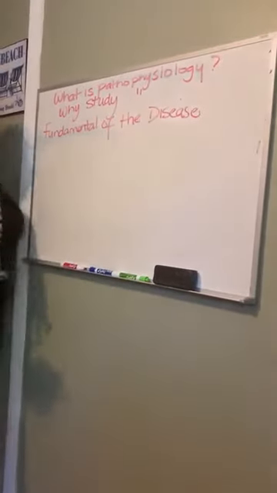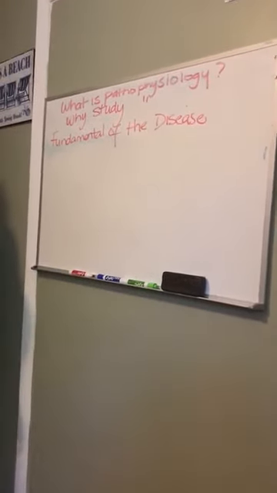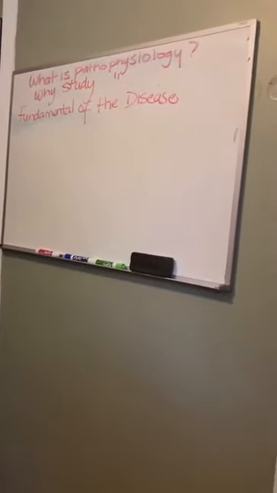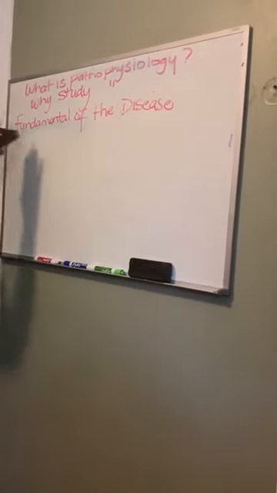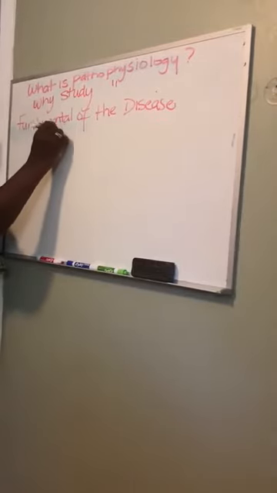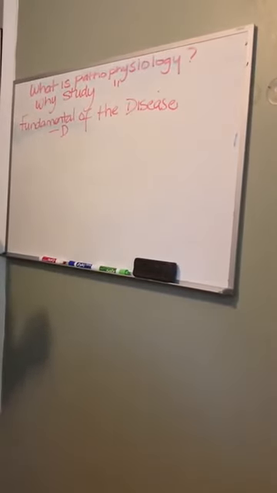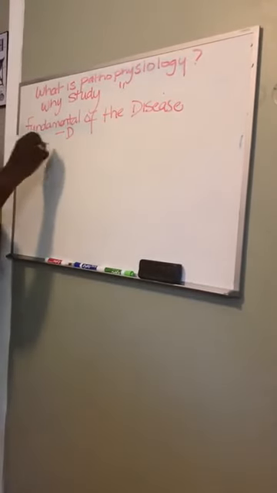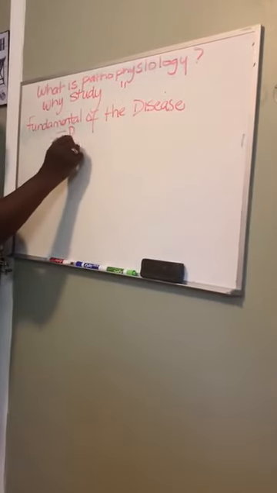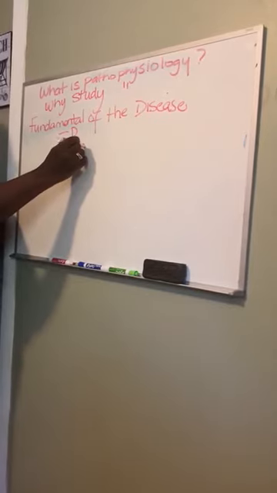Okay, so after we would have looked at what is and why, we're going to look at the fundamental of the disease. Now remember, I said pathology is the result of the disease and changes in homeostasis. So fundamentals of the disease, guess what? What do you think it is? It is homeostasis. Spell that for me.